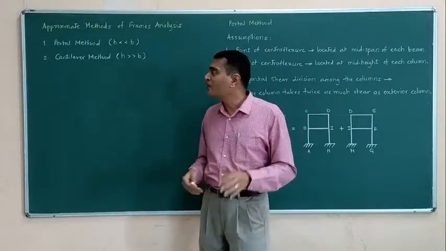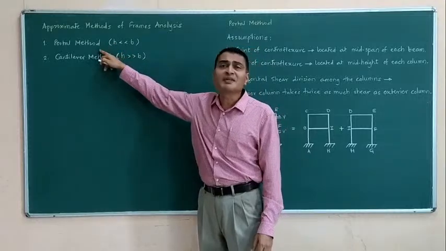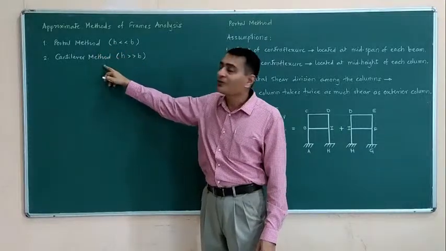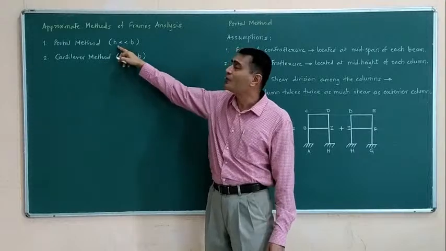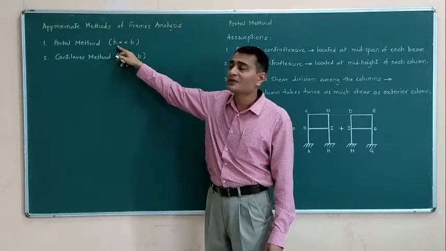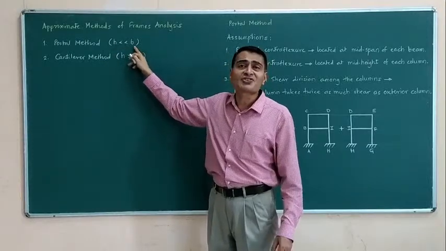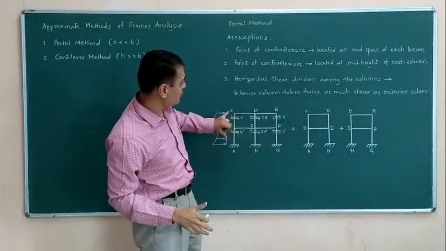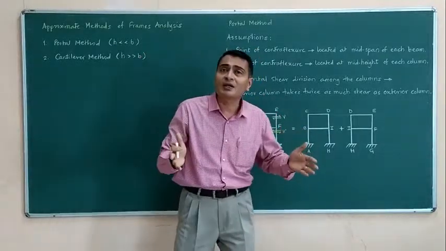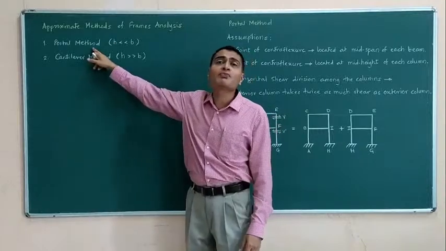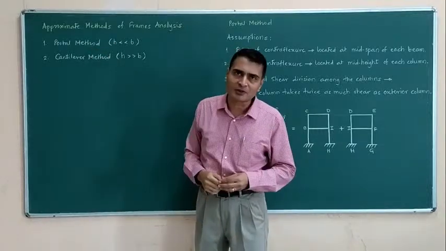So which are those methods? We have a portal method and then we have a cantilever method. In portal method, we observe that if height is relatively less than the breadth, that is, if this vertical dimension is small and horizontal dimension is quite large, then it is preferred to apply portal method.